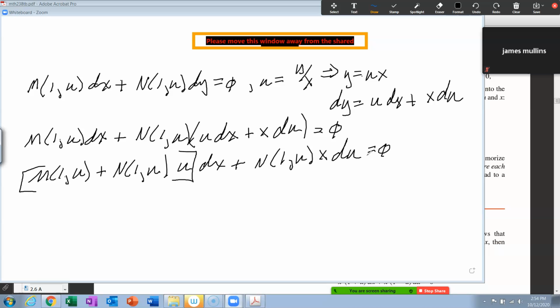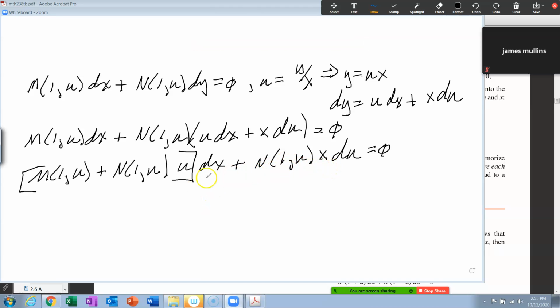Now, what we're going to do now is notice that everything in this parentheses is a function of u and u alone, but this is a function of x and x alone.